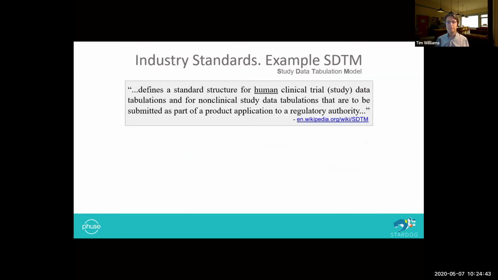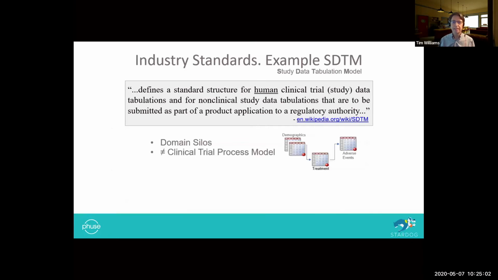The Study Data Tabulation Model, or SDTM, serves as another good example of the current state. Look closely at its definition for data tabulations and submission to regulatory authorities. The structure was built to satisfy specific use cases, and this makes it less flexible and less future-proof. Analysis programmers encounter SDTM data as separate files for each domain.